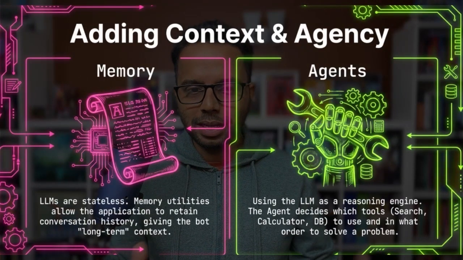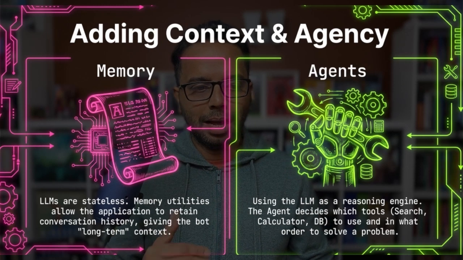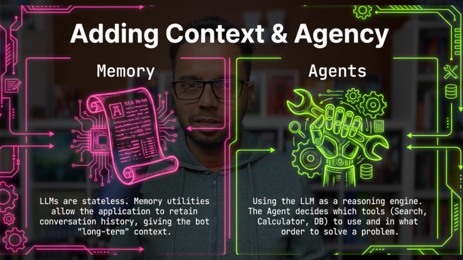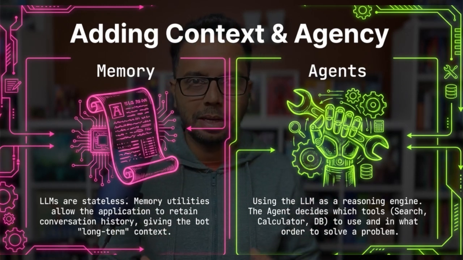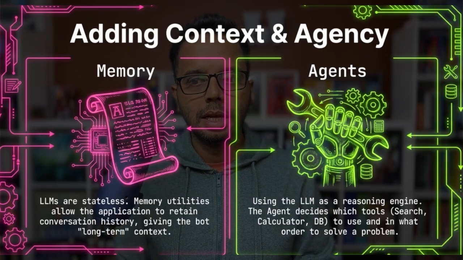And what it is doing, right? Adding context and agency. Now, LLMs are stateless. What I mean is, let's say you quickly build a chatbot with LLMs, and you ask it a question like, hey, I'm JD and I want to know what is 1 + 1. It will say, hi JD, 1 + 1 = 2.